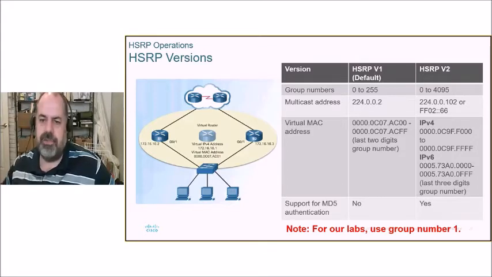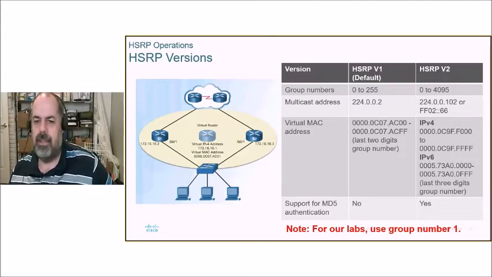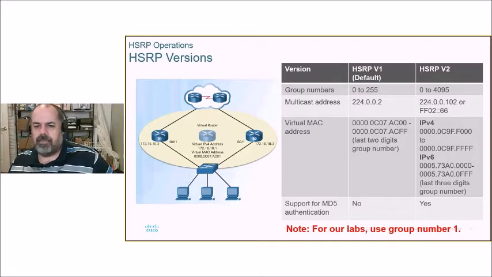Just the last 2 digits will change with the group number. And so with IPv4, again, it's got a range. And they've also added authentication to HSRP version 4. But we're always going to use group 1 in our labs.